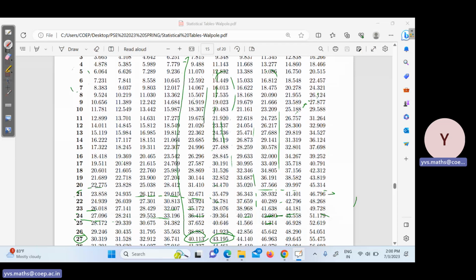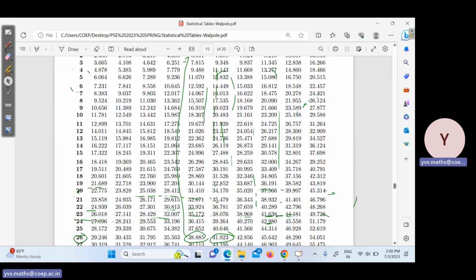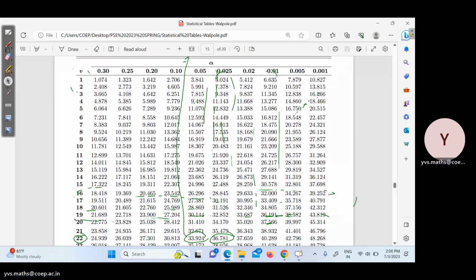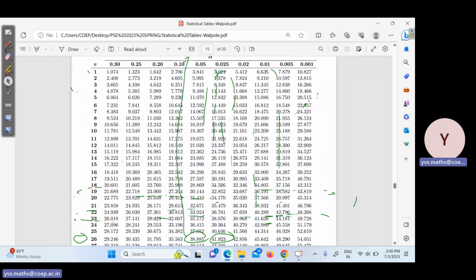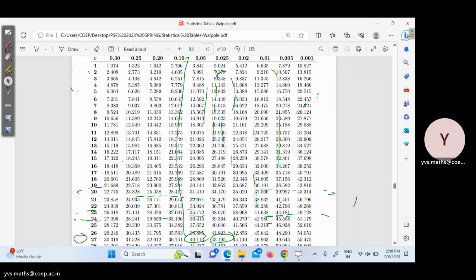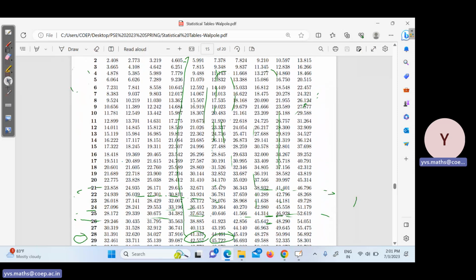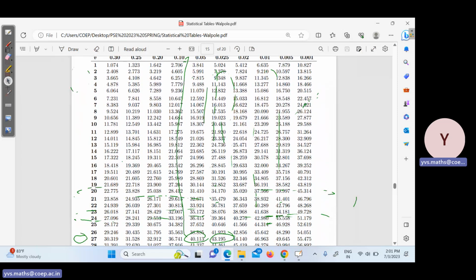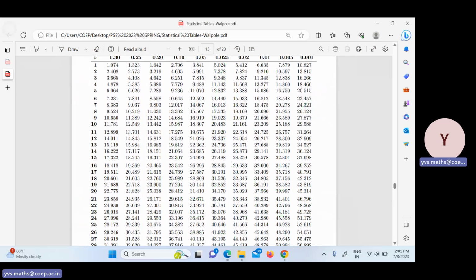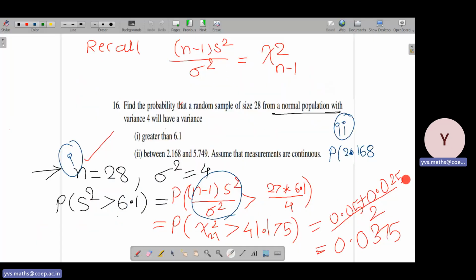The corresponding values of alpha are 0.05 and 0.025. So we take the average of 0.05 and 0.025, as 41.175 lies in between these two values. Their average is 0.035.